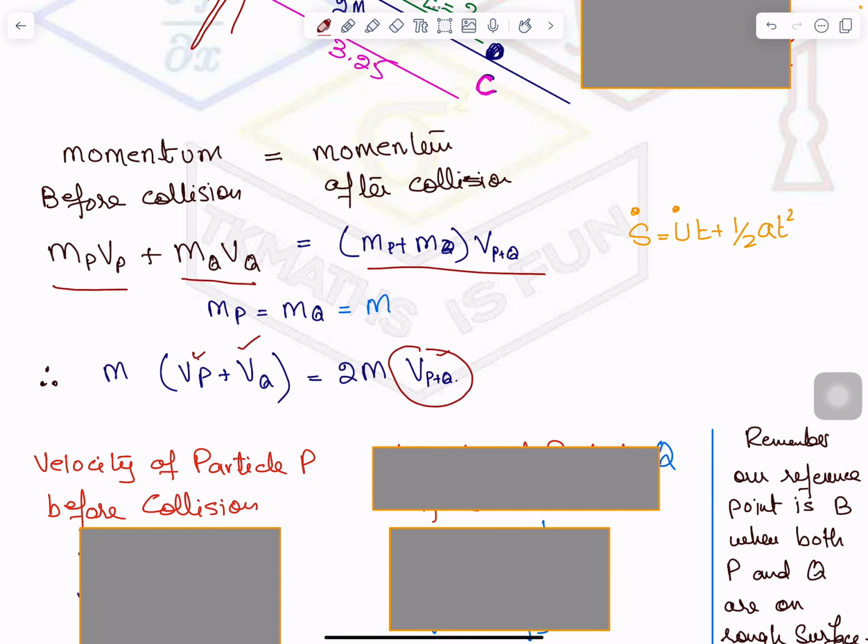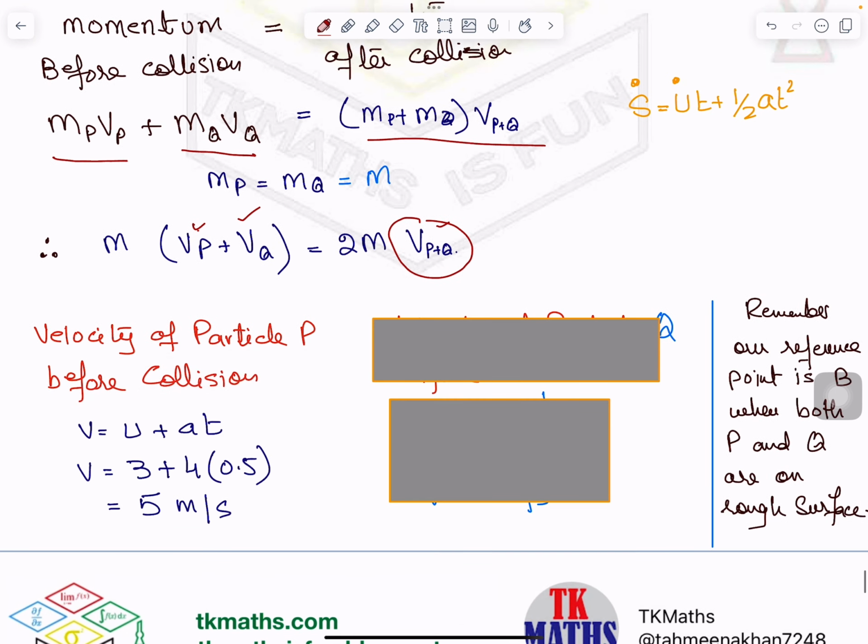Okay, so velocity of particle P before collision, V equals U plus AT. So this 3 is when the particle was at B, and this is the time particle P took to reach the point where the collision happened, and at that time the velocity was 5 meters per second.